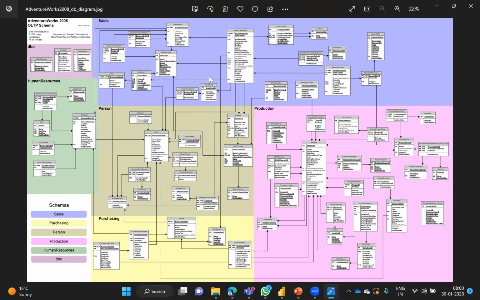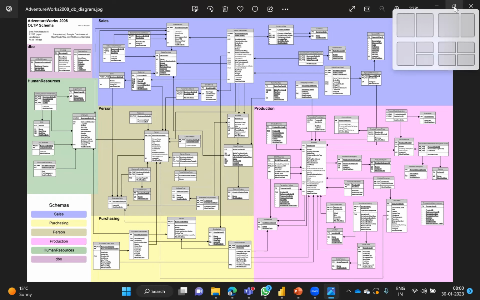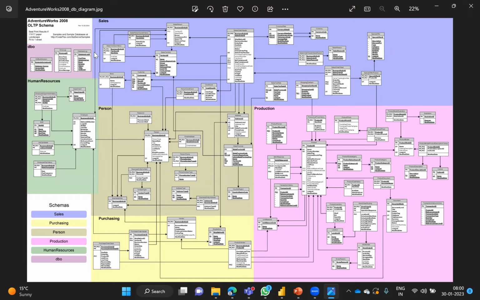Here you can see this is the OLTP system, and each and every table is created in normalized form, and you can see different schemas: sales, purchasing, persons. These are the different subject areas.